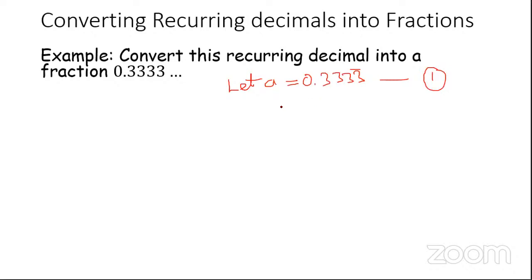Then we shall say 10 multiplied by A is equal to 0.333 recurring multiplied by 10. And the decimal point will skip a digit. Then we shall say 10A is equal to 3.333 recurring as equation 2.